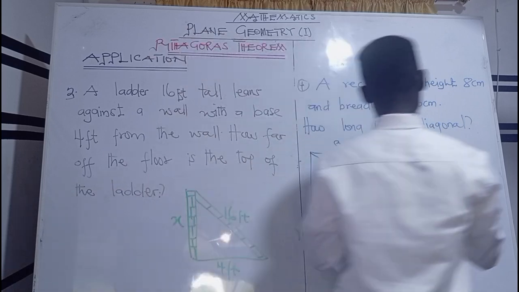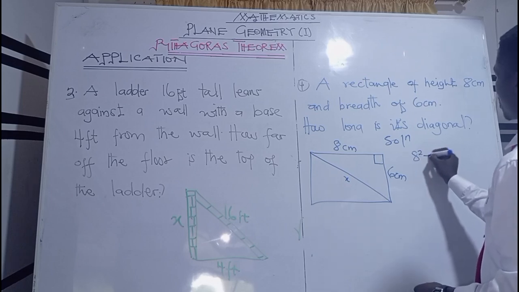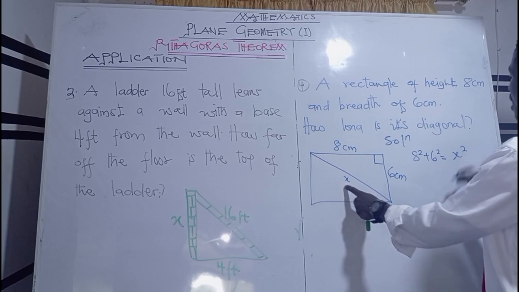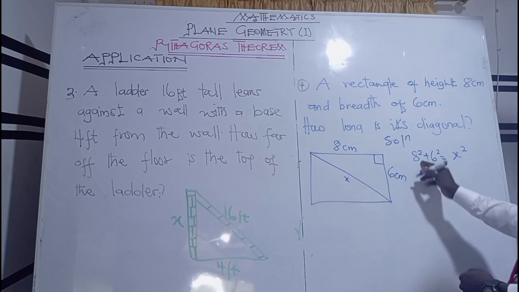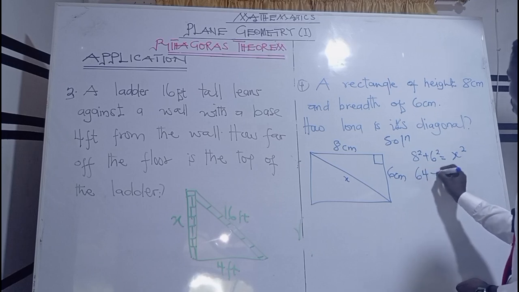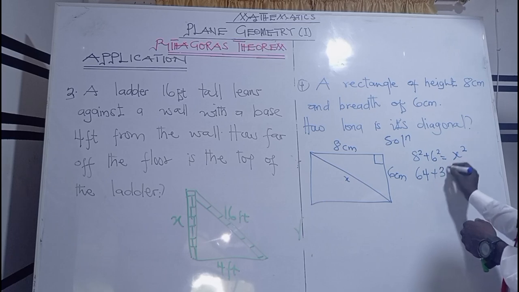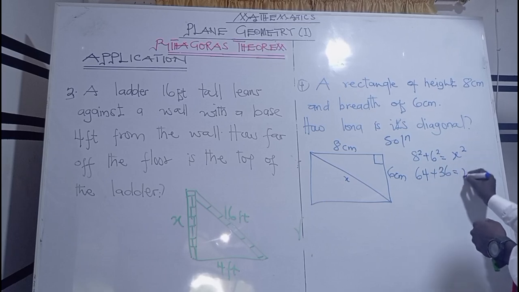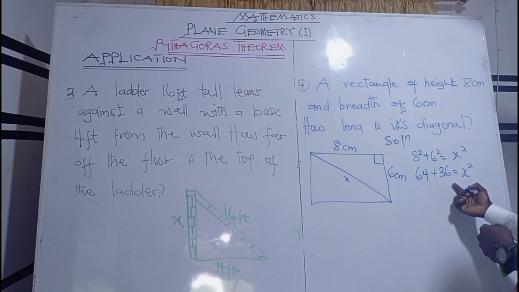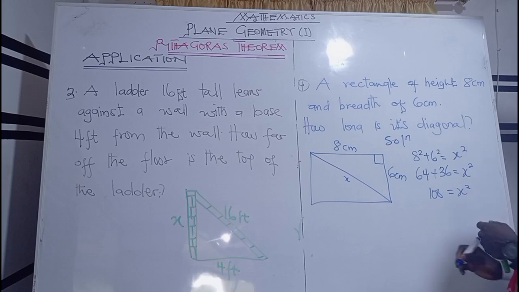So we know that 8 squared plus 6 squared is equal to x squared. So 8 squared will give us 64, plus 6 squared will give us 36, is equal to x squared. 64 plus 36 will give us 100 is equal to x squared.